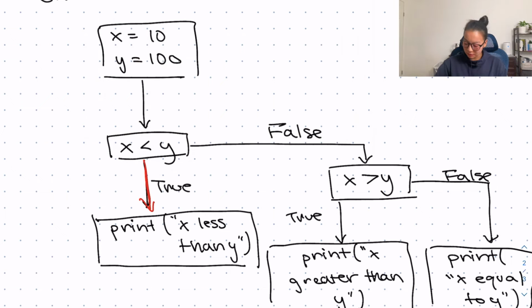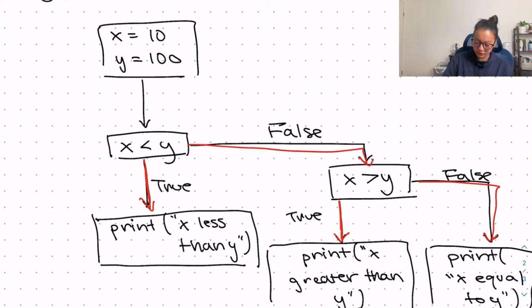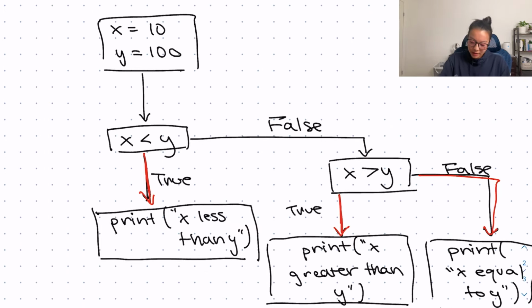So it's either this one, or this one, or this one, right? And in order to get to the 2 over here, the first statement has to be false. So right now, what we're doing in our conditional is we're first coming over to this box and we're saying, okay, is x less than y? Well, if it is, then we simply print x is less than y.